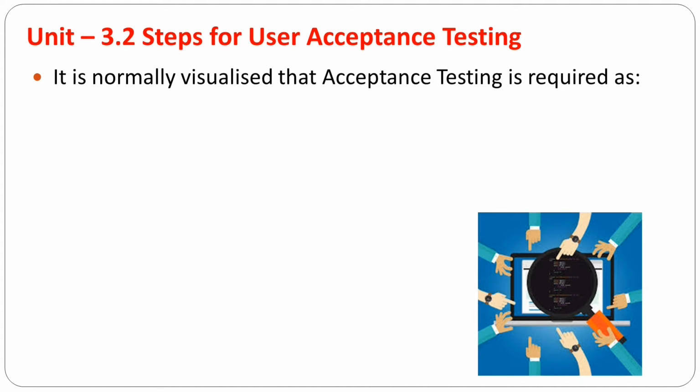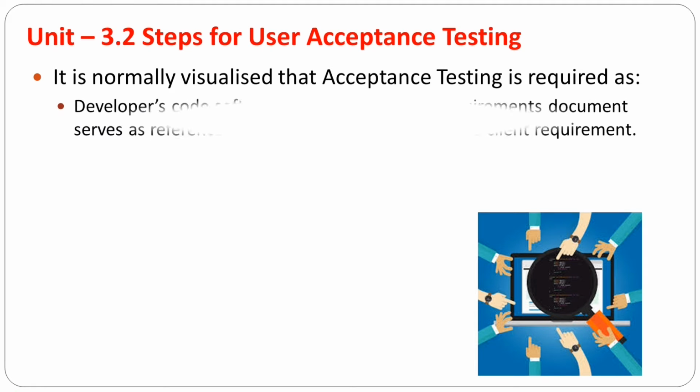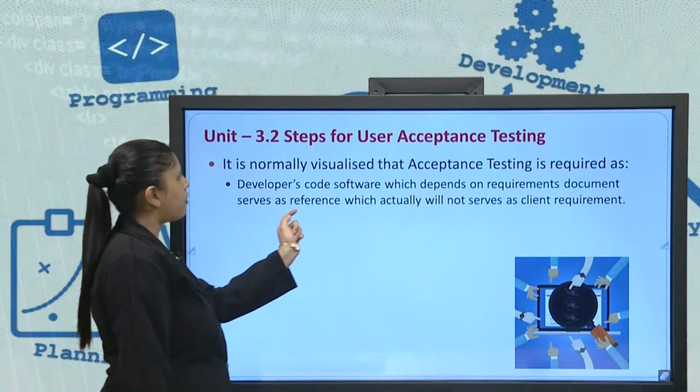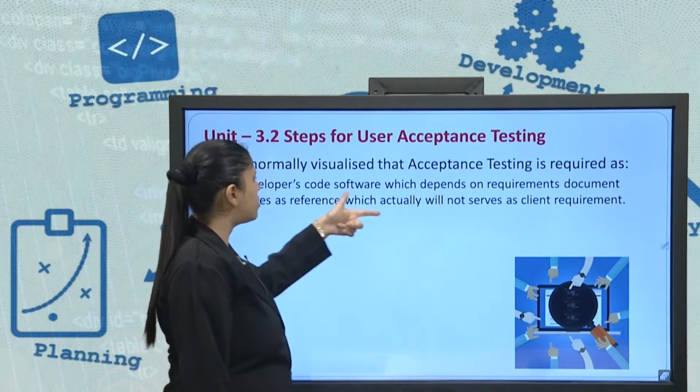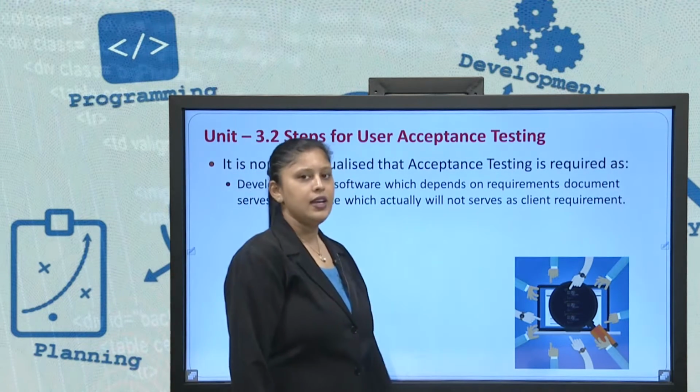It is normally visualized that acceptance testing is required as the developer's code software, which depends on the requirements document, serves as reference, which actually will not serve as client requirement.